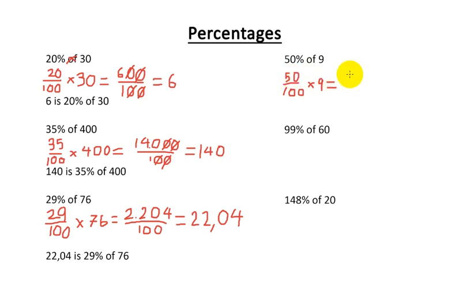I do 50 times 9 makes 450 over 100. 450 over 100 makes 4.5. My full answer should be 4.5 is 50% of 9.